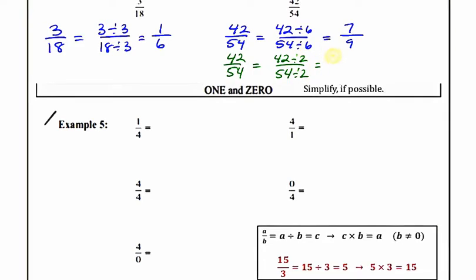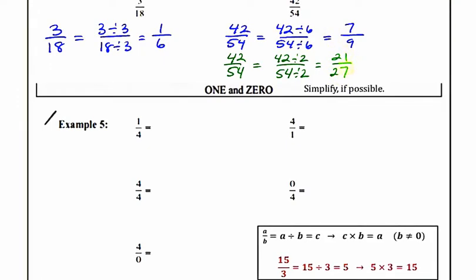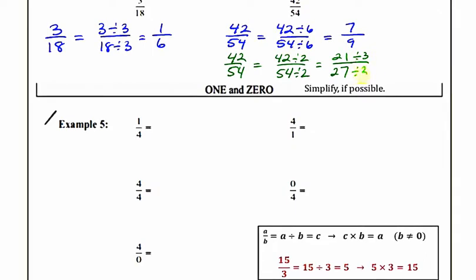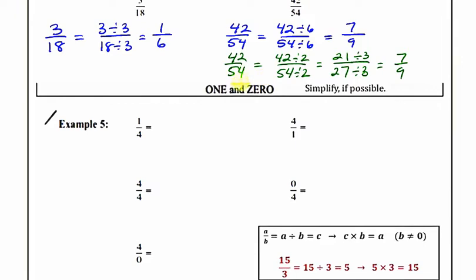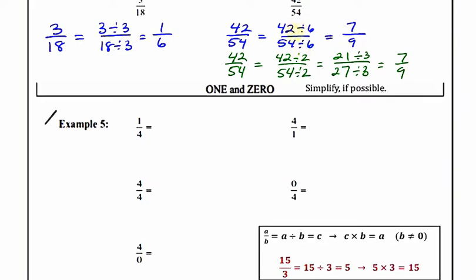This would give us 21 over 27, but this fraction still simplifies because 21 and 27 share a common factor of 3. So now we would divide the numerator and denominator by 3, which would give us the final simplified fraction of 7/9. So there's nothing wrong with taking more than one step to simplify a fraction. We can only simplify it in one step if we recognize the greatest common factor between the numerator and denominator.